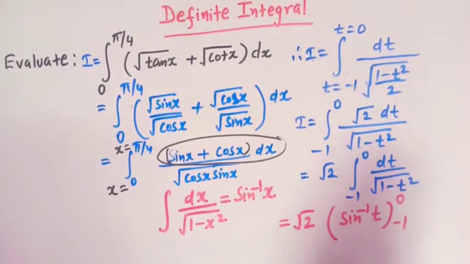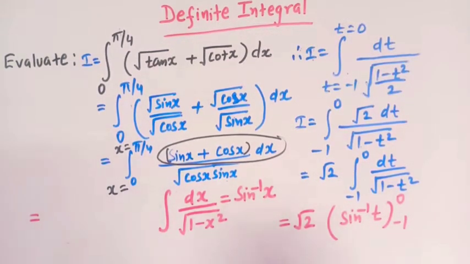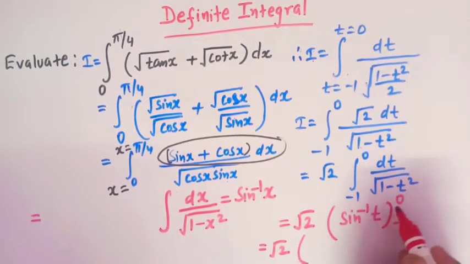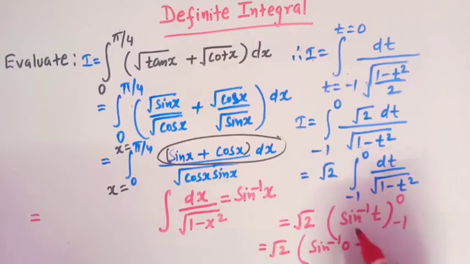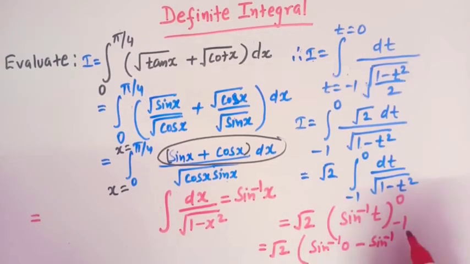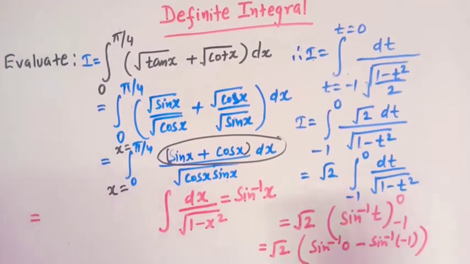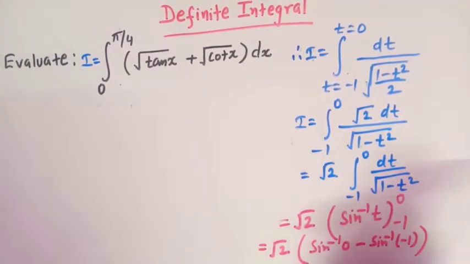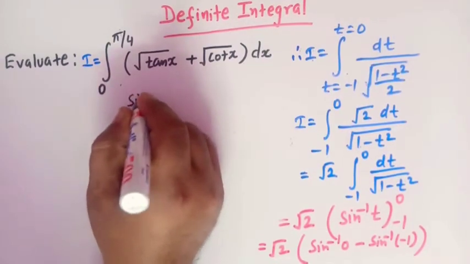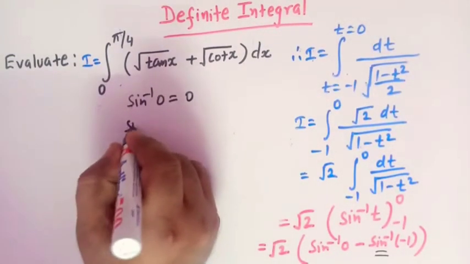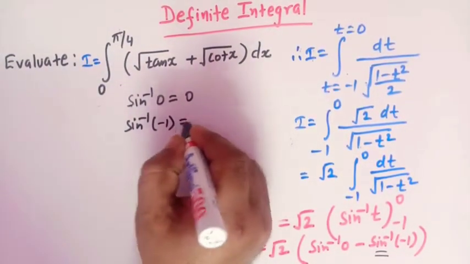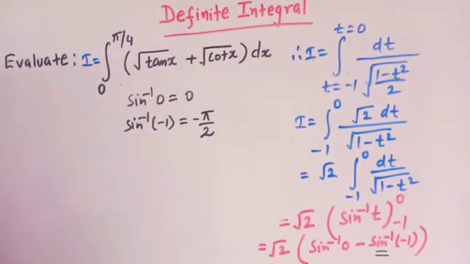Substituting the limits, we get square root of 2 times sin inverse 0 minus sin inverse of -1. Now the value of sin inverse of 0 is equal to 0, and the value of sin inverse of -1 is equal to minus pi by 2.